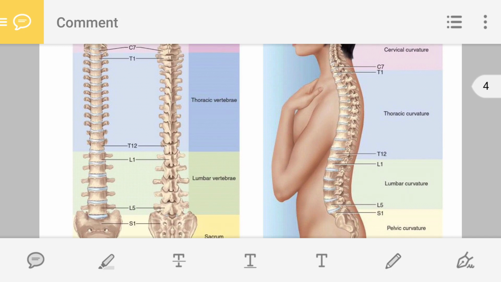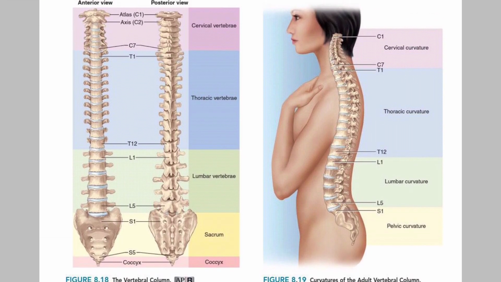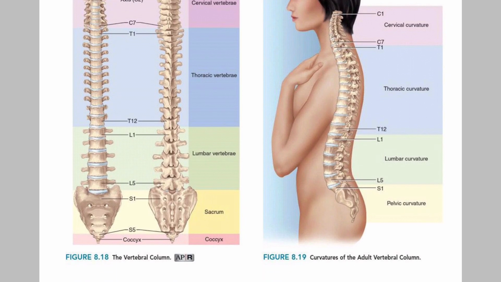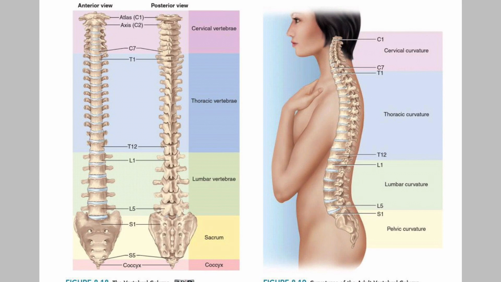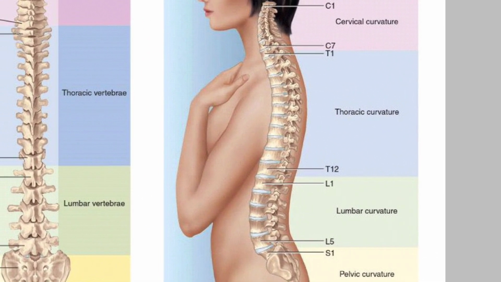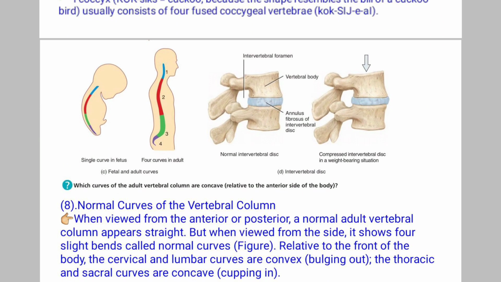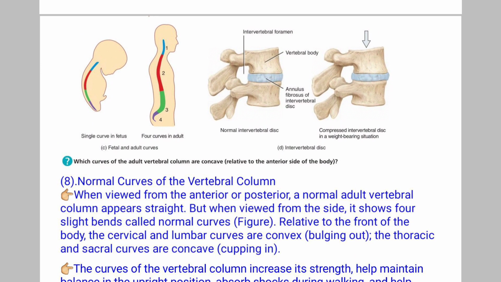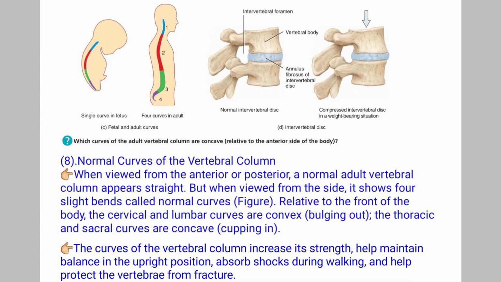But over here in this figure, when we are looking from the side, we can see it is not straight, but it has some curves. So point number 8 is related to the curves.